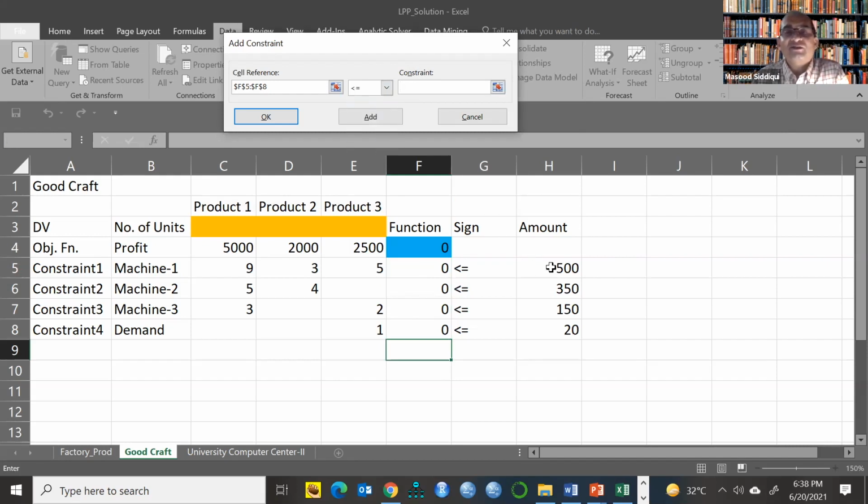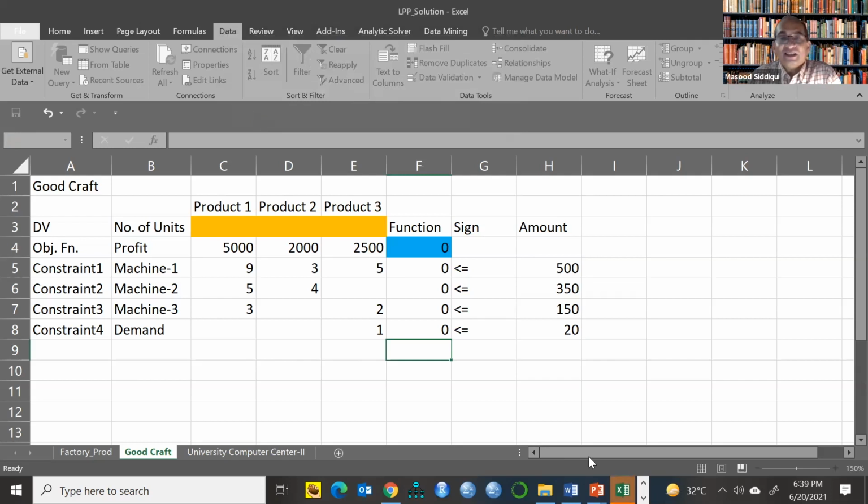And for the constraint, we can select the corresponding amounts, from H5 to H8, meaning F5 is less than or equal to H5, F6 is less than or equal to H6, and so on. And finally, F8 is less than or equal to H8. So this is the only set of constraints that has been entered.